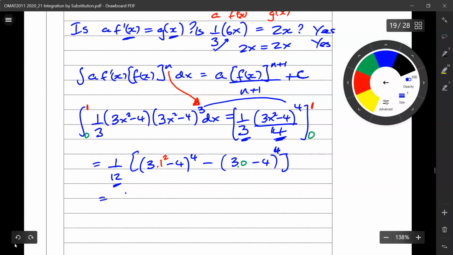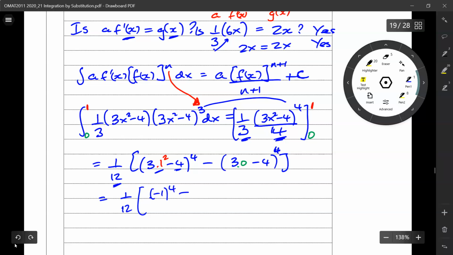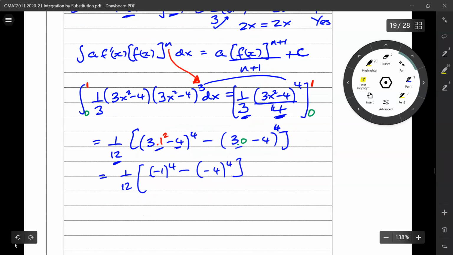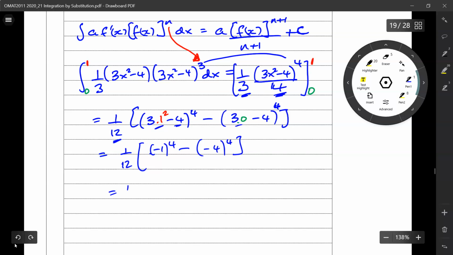So that is equal to 1/12. I don't like the way I've written that. It's not neat. So if I do it again, 1/12. So 3 times 1 is 3, minus 4 is minus 1, to the power of 4. Minus, and here we have 3 times zero, minus 4 to the power of 4. So then if I bring this down here, that is 1/12 times minus 1.